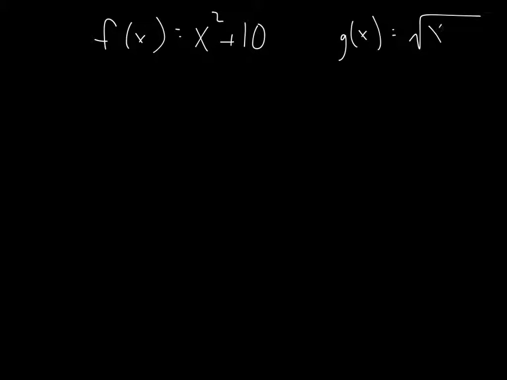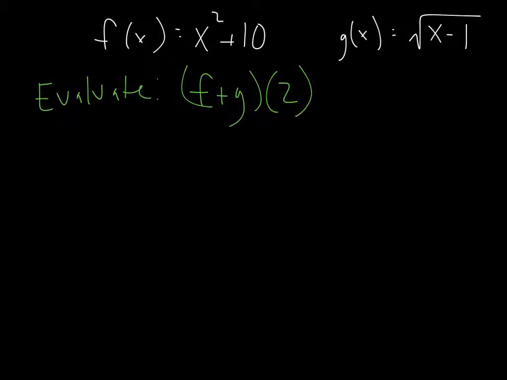Okay, let's throw in some numbers. Let's say we got f of x to be x squared plus 10, and g of x is the square root of x minus 1, and I want to evaluate f plus g of 2.